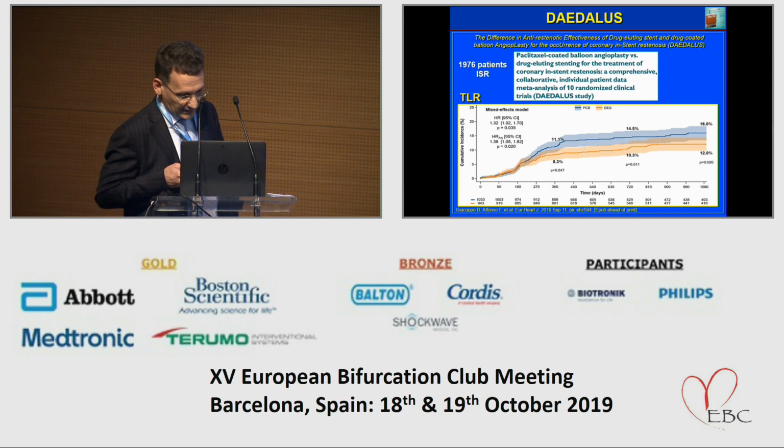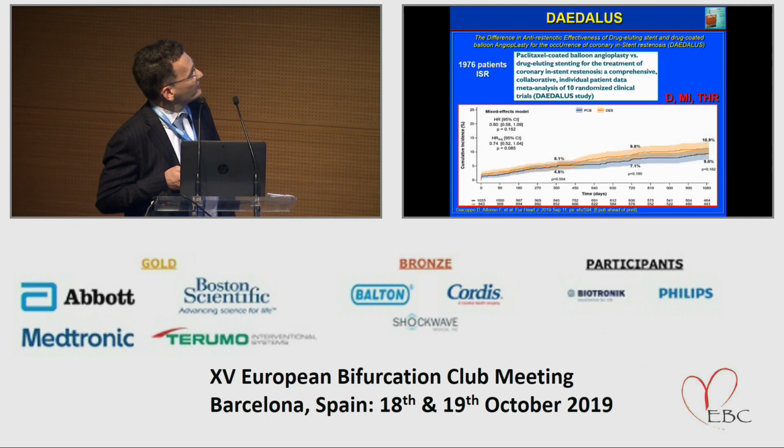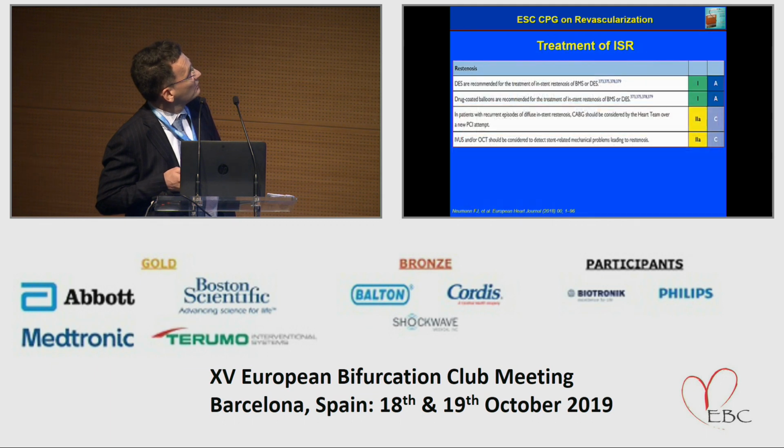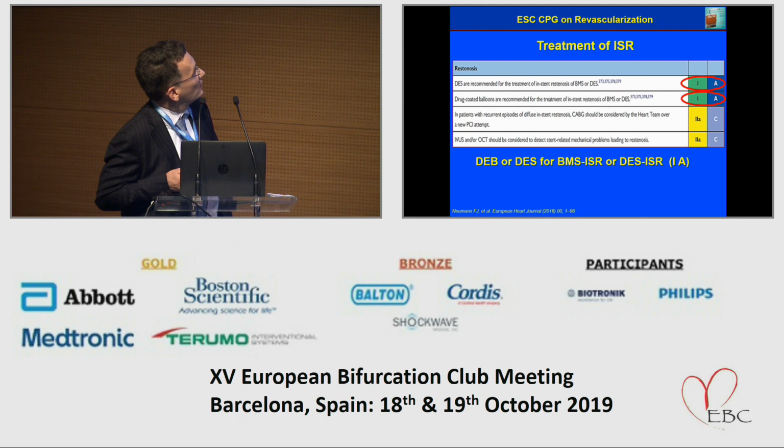All of this data was implemented in the Daedalus big meta-analysis comprising 10 randomized trials, which showed improved, but marginally improved efficacy for DES compared to DEB, but a similar safety profile. This all translated into 1A recommendations for both DES and DEB regarding the treatment of in-stent restenosis.